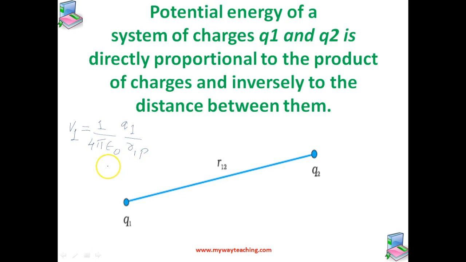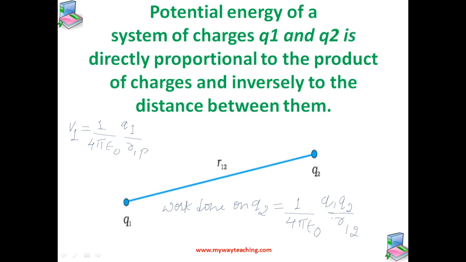So work done on Q2 is given by 1 by 4 pi epsilon naught Q1 Q2 by R12, where R12 is the distance between points 1 and 2.